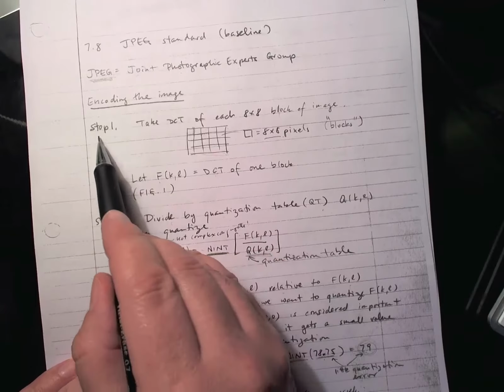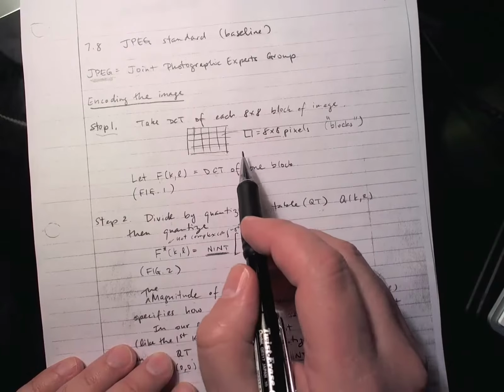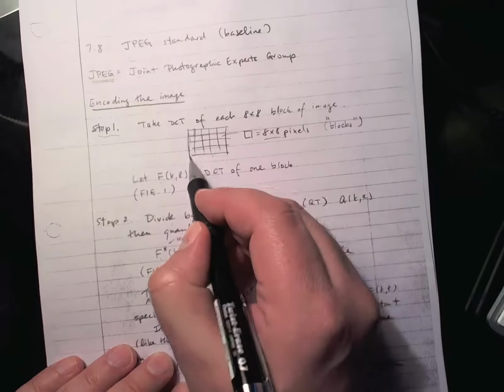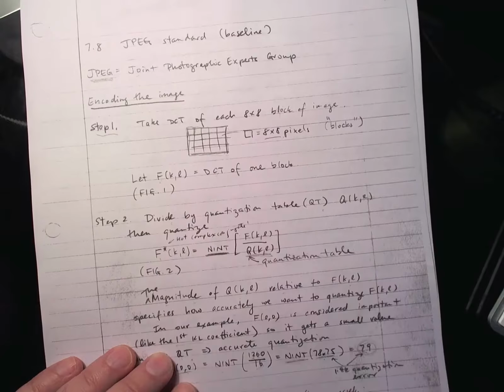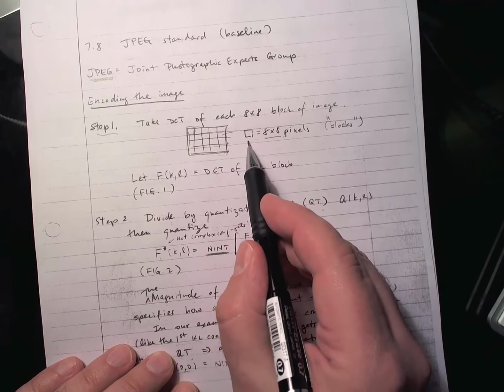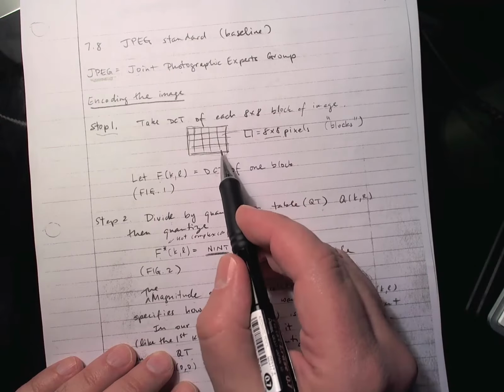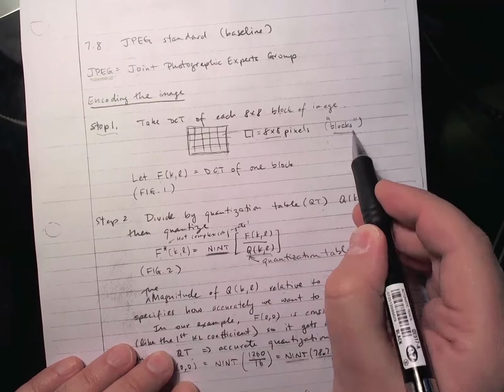So the first step is, so this represents an image. Could be a very large image. I've drawn it to be not a very large image. JPEG starts by breaking the image into little 8x8 pixel boxes, little tiles called blocks.